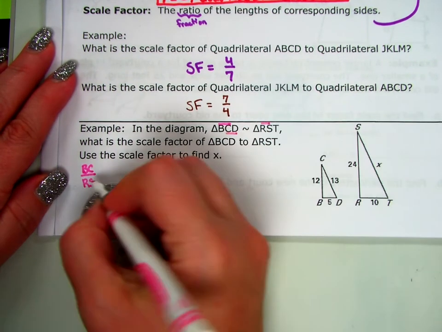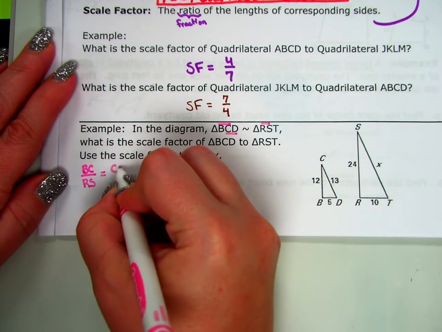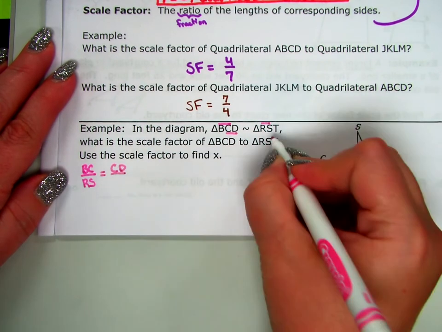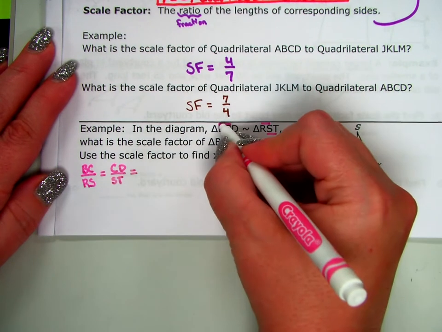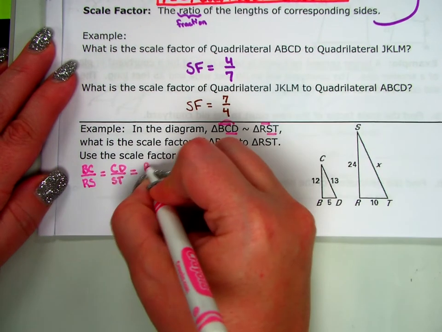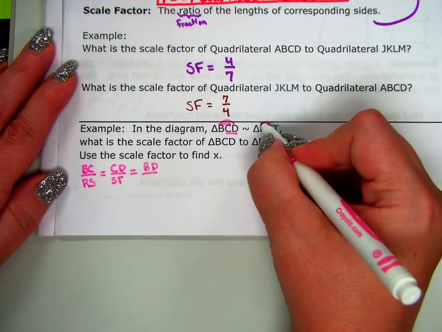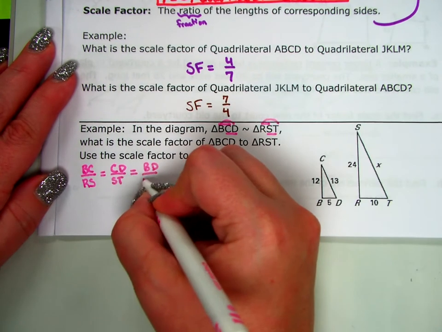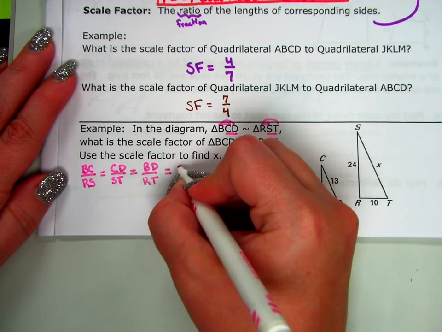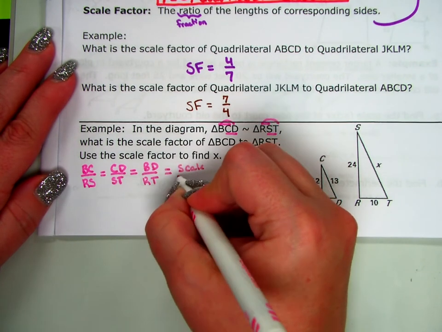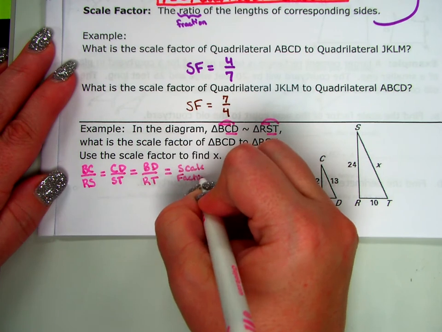Then when I look at my next two letters, CD, that's going to match up with ST. And then I look at my outside letters, BD, is going to match up with RT. And I know those are all going to reduce to the same thing. They're going to reduce to the scale factor.